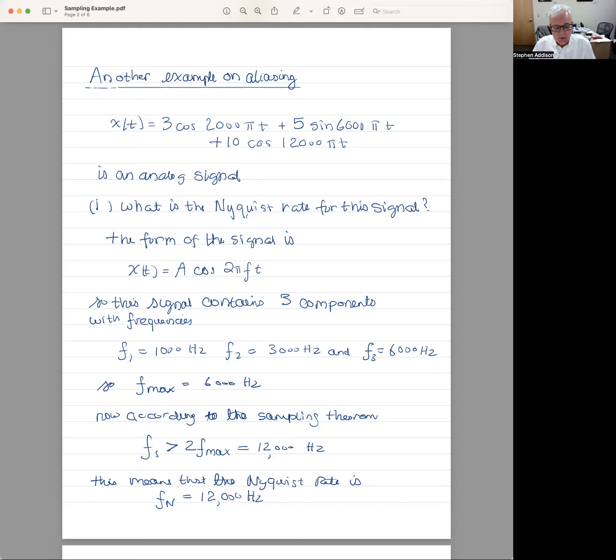So our Nyquist rate for this signal is 12,000 hertz, and to properly sample it, we would sample at 12,001 hertz, or at least something greater than 12,000 hertz. So we've answered the first question: what's the Nyquist rate for this signal?